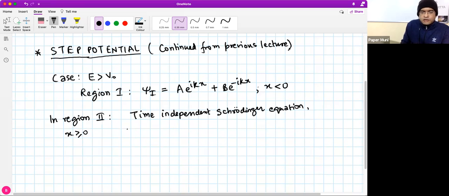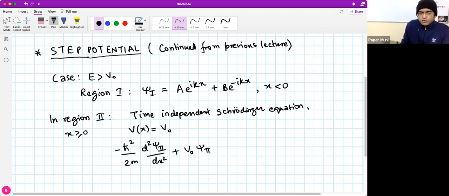Now let's plug this into the Schrodinger equation. So this is minus h cut square by 2m, the second derivative with respect to x, plus V naught psi 2 is equal to E psi 2. We have this equation.